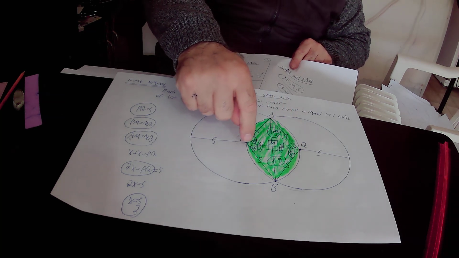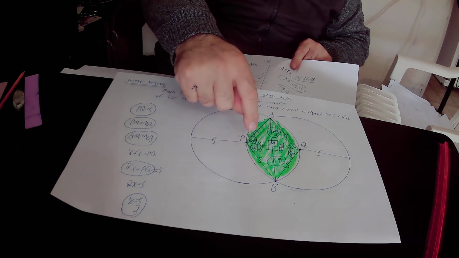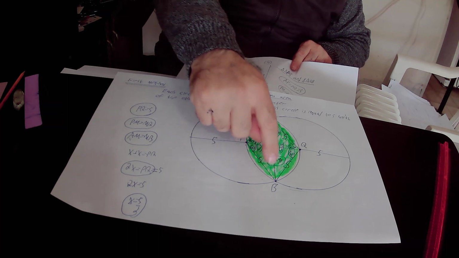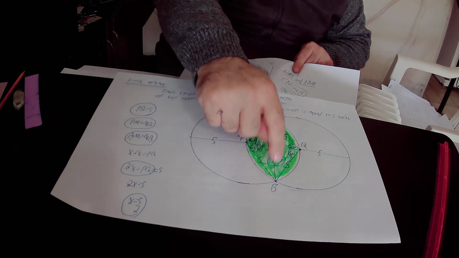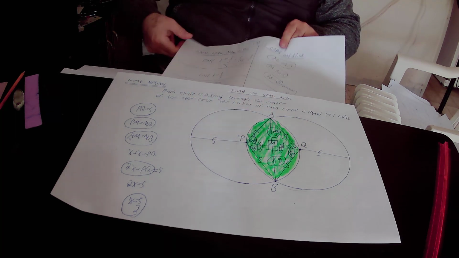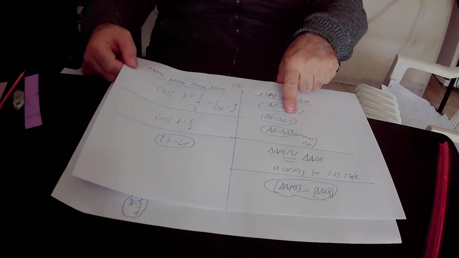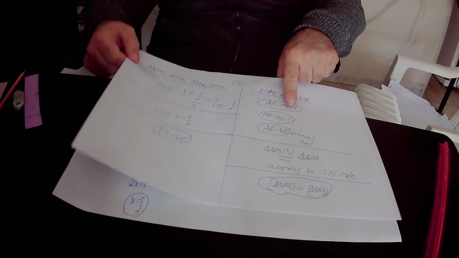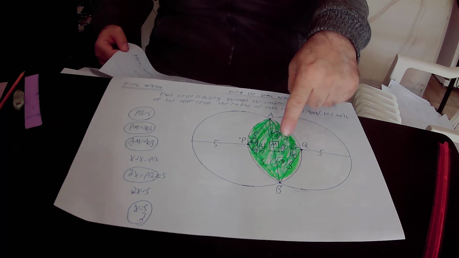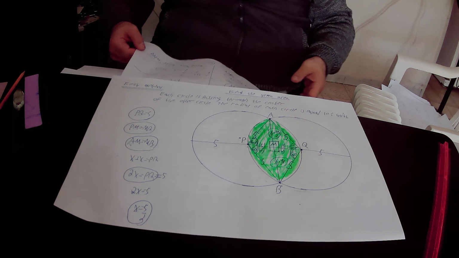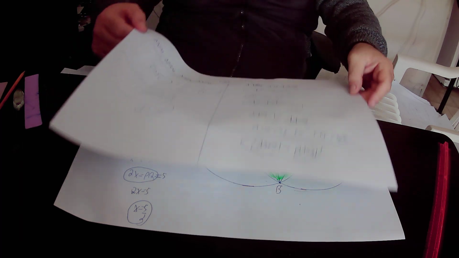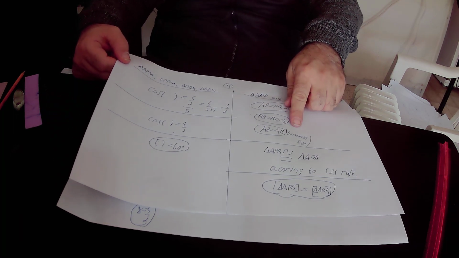So PQ equals PB equals QB equals 5 units. And AB equals itself. AB is a common side that belongs to both triangles.